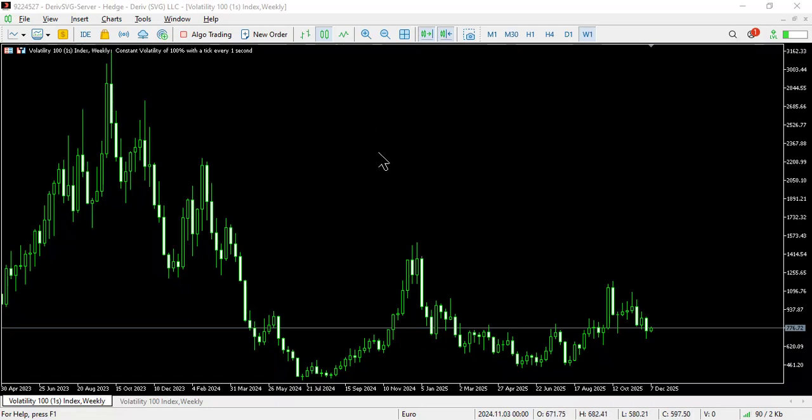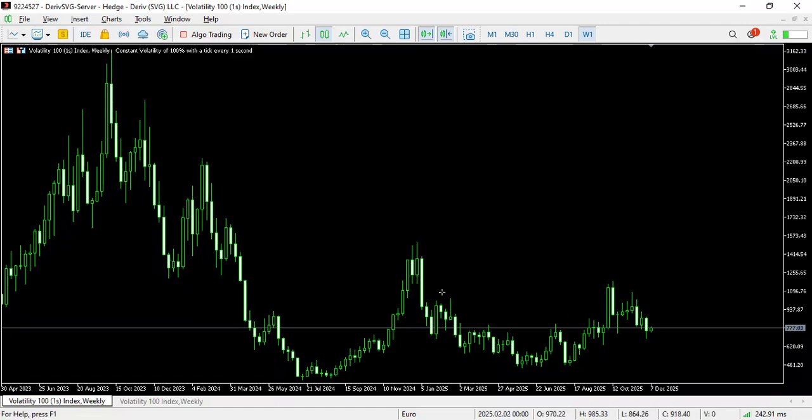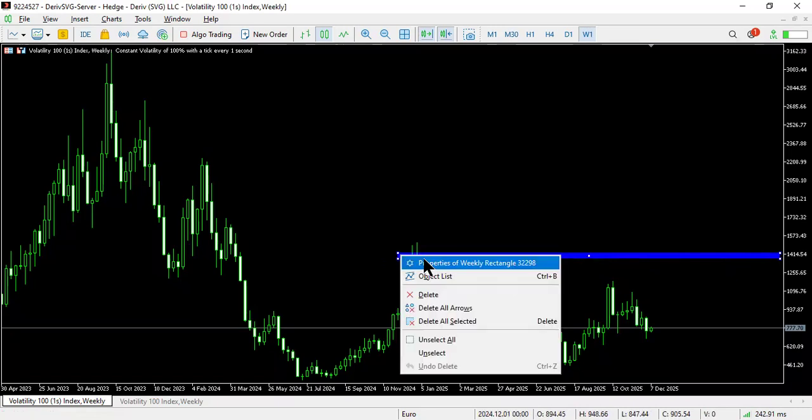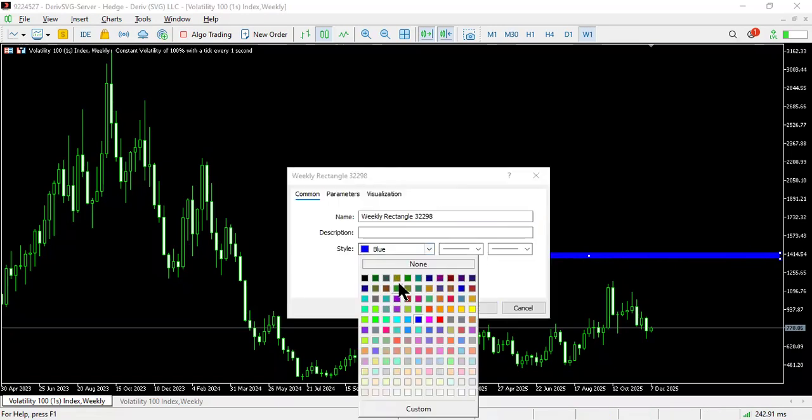So let us begin. As always, we begin our analysis from the weekly time frame, where we mark our supply and demand zones. So right there, we have a demand zone. We have a supply zone up there.